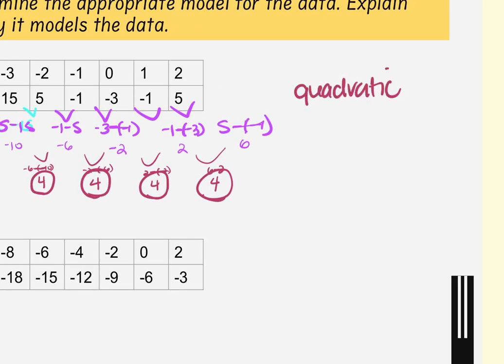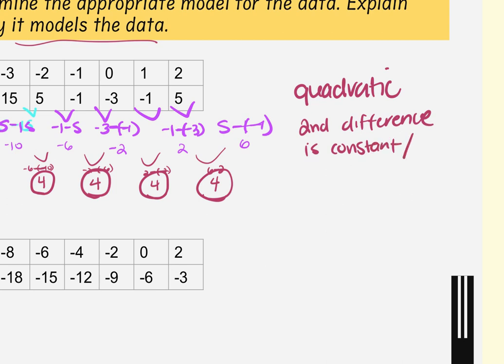And when it says explain why it models the data, we would say the second difference is constant, or the second difference is 4. So you have to say first difference, second difference, third difference, like that.